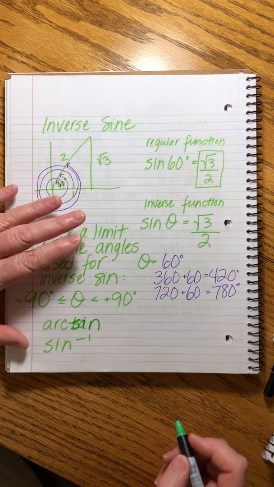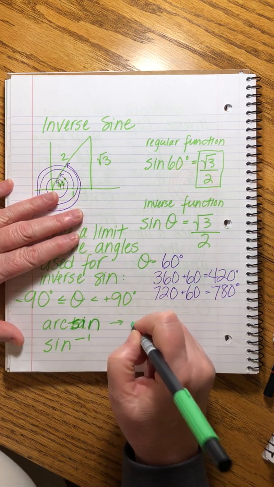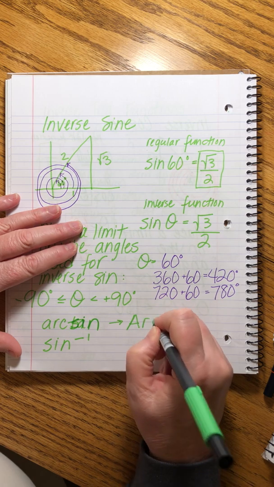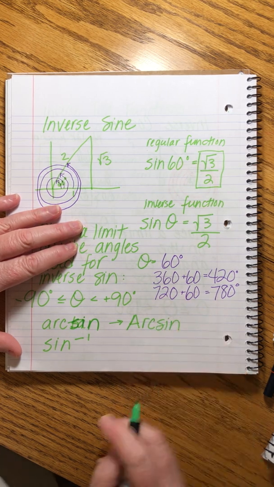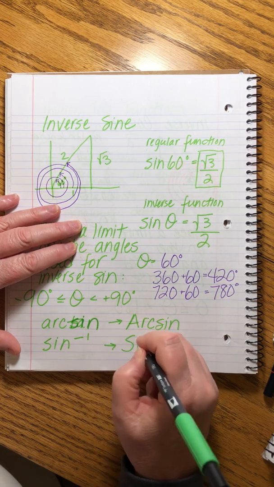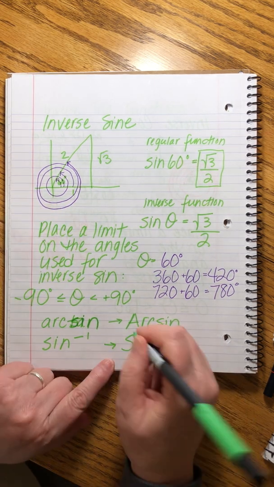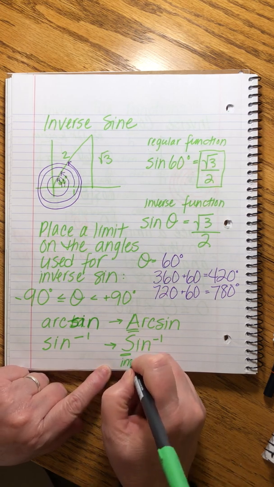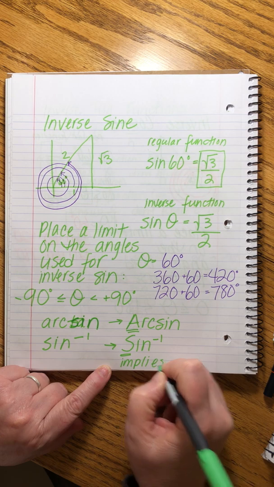This looks like the buttons on our calculator, right? What we do to put this limit on it is we just substitute in an uppercase letter. And the same thing here, we just substitute in an uppercase letter. When you see that uppercase letter, this implies the limits.